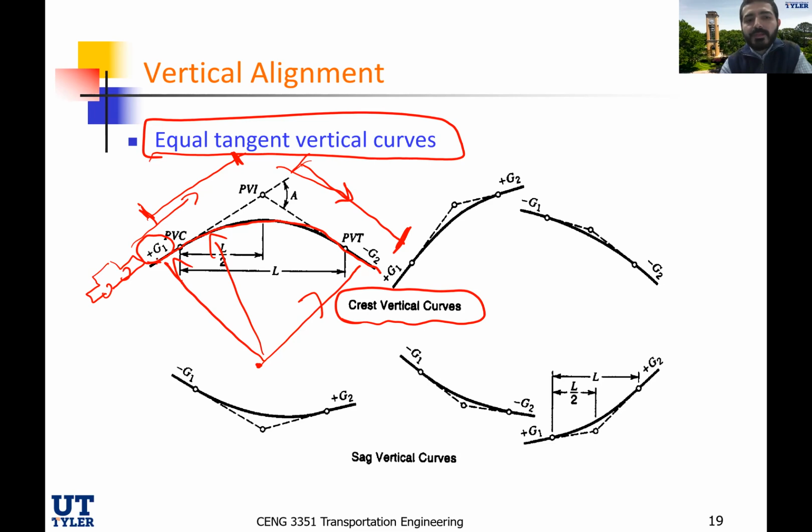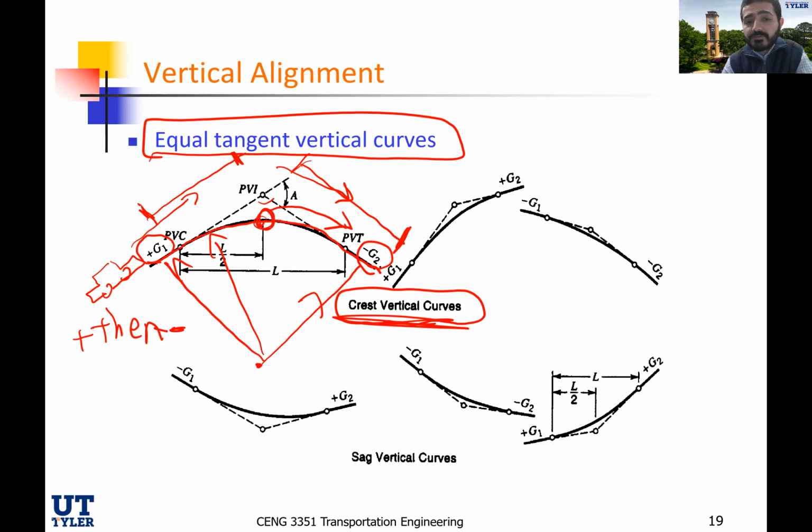So plus G1 is the first grade of this vertical alignment, positive because I'm going up until I reach this point here, and then I'm going down. Going down has a negative G2. So if I have a positive and then a negative, this is a crest vertical curve.